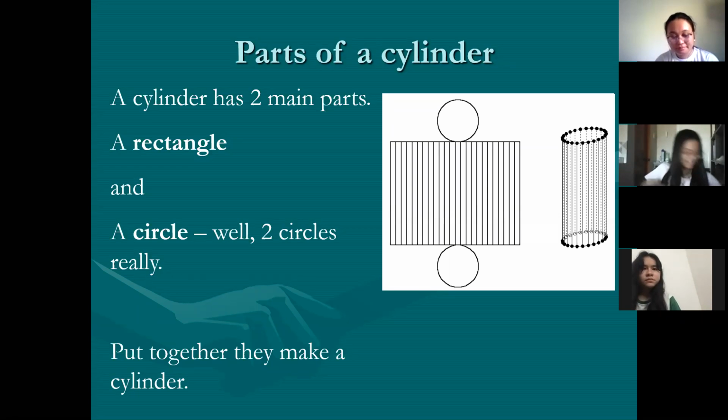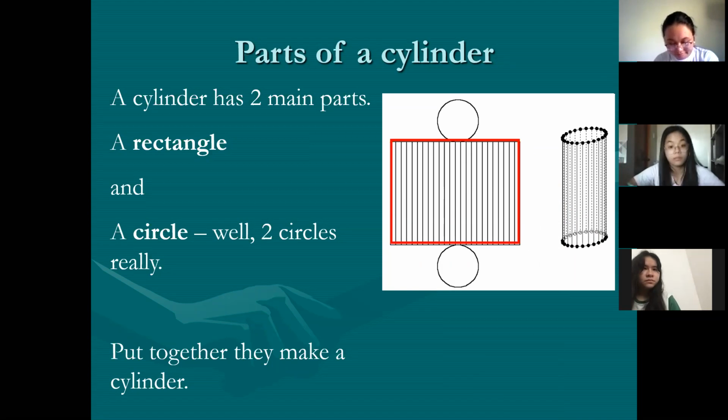Therefore, to find the total surface area of a cylinder, you'll just have to find the area of a circle, multiply it by 2, right? And then find the area of the rectangle, and add it to the area of the circles. Put them together and you'll create the total surface area of a cylinder.